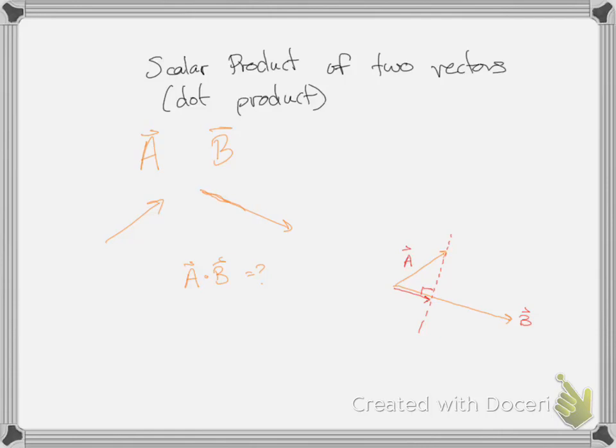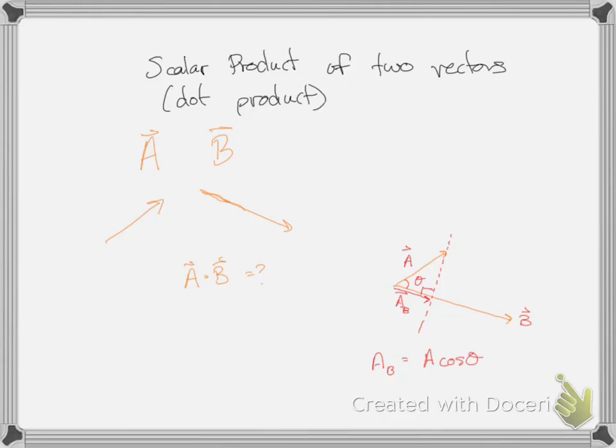Let's say that we know the angle between A and B is theta. Then the projection, which I can call A sub B, that's the projection of A along B, just like if it was along the x-axis, we call it A sub x. If it was along the y-axis, it would be A sub y. So that's just A sub B. That projection, A sub B, is equal to A times the cosine of theta.